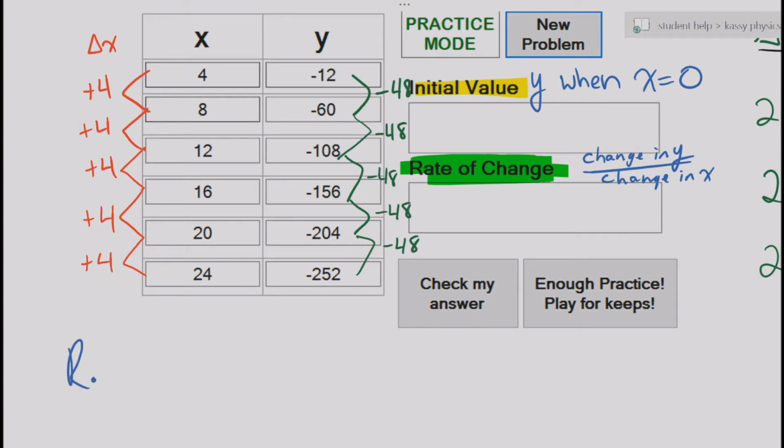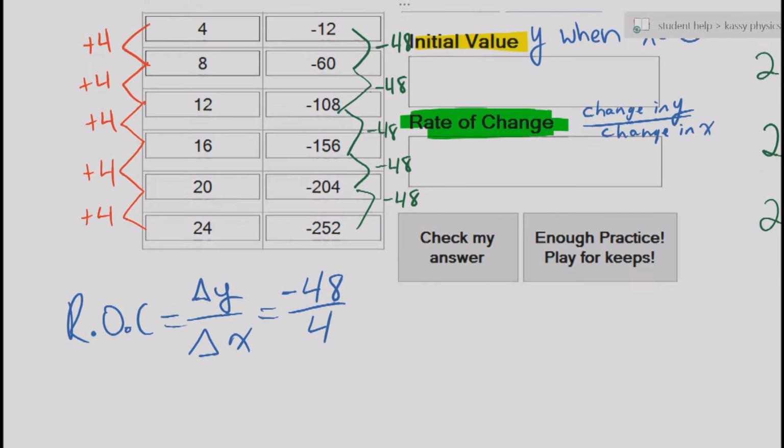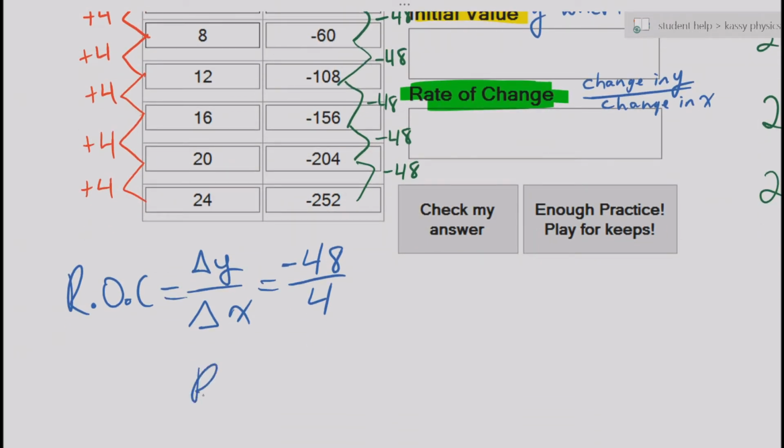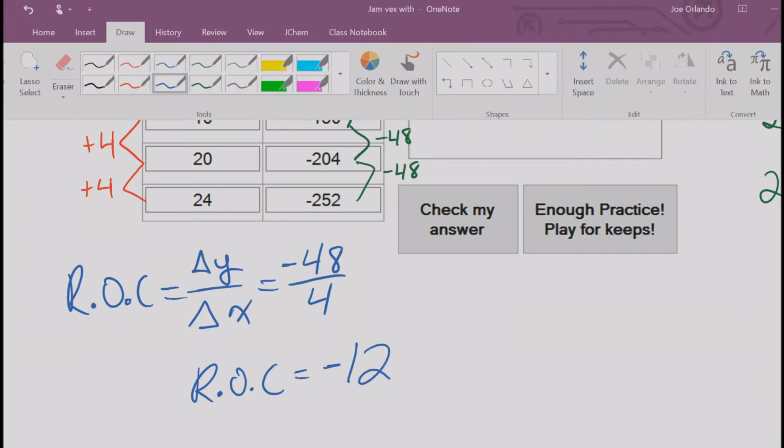And so here we'd say the rate of change, well, it's just the change in y over the change in x. So it's negative 48, because this one's going down, divided by 4. And just like the other one, that can be divided nicely. A negative divided by a positive will be a negative, so it's going to be a negative answer. And 48 divided by 4, well, that's 12.